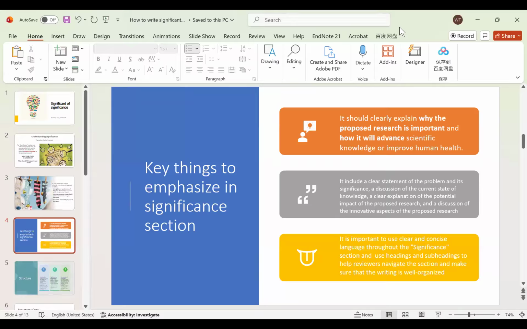The third question is, how long should a typical literature review be for proposals? How long? I mean, I don't know. Is it a time issue, or how long the content will look like?